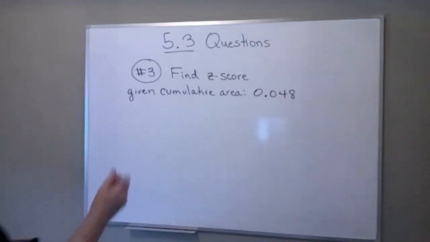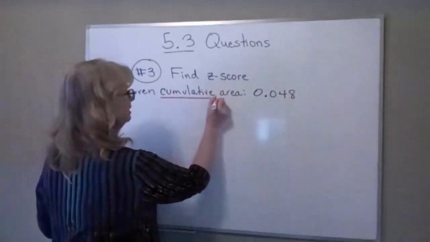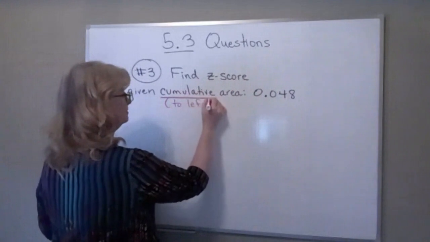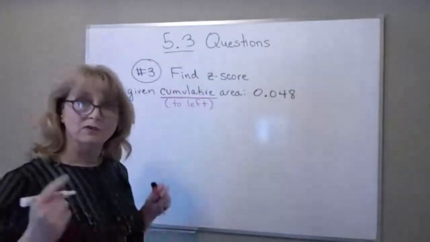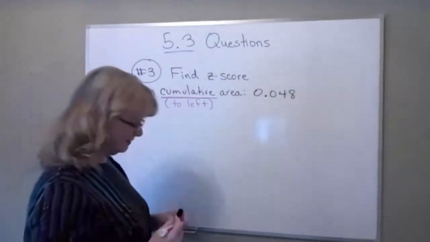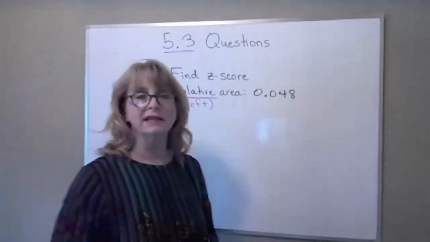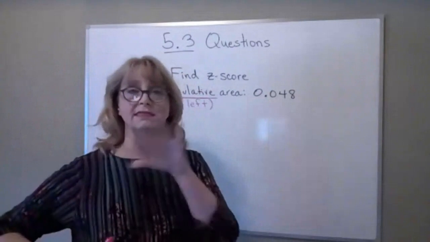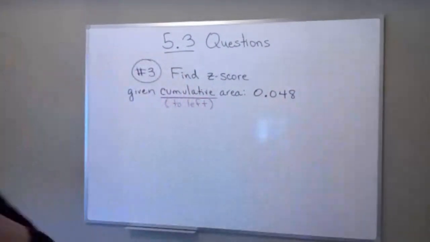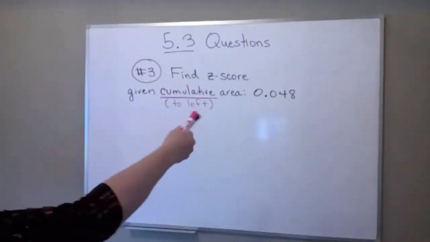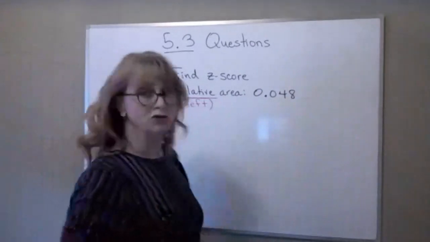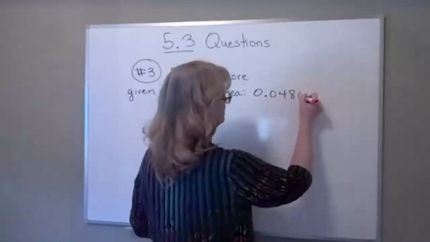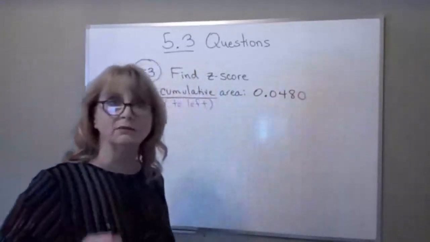First of all, when they tell you cumulative area, they mean area to the left. Okay, so they've given us the area to the left. Now, the areas on the table are the numbers, those 4-digit decimal numbers in the body of the table. So this doesn't look like all those areas. So to make it look like the areas, I'm going to put a 0 at the end, so it'll have 4 numbers, just like the ones in the table.